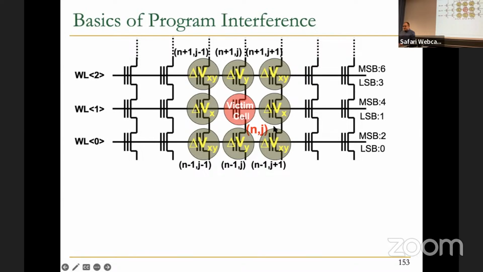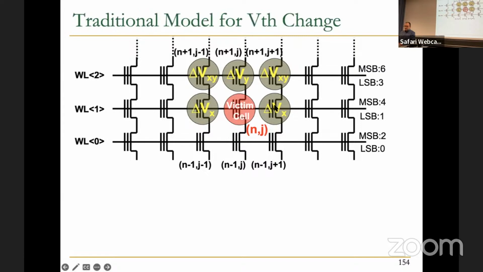That's why we have this sequence in programming. We always program in a sequence from top to down, so that there is no program interference from bottom to top. So only the surrounding cells can cause program interference.